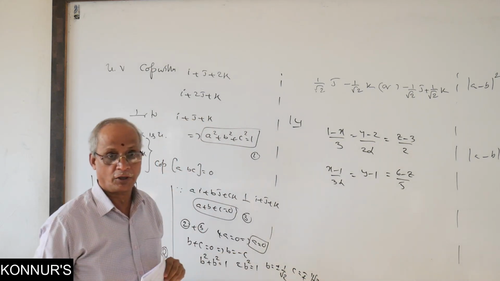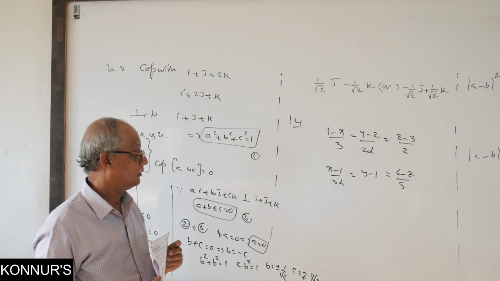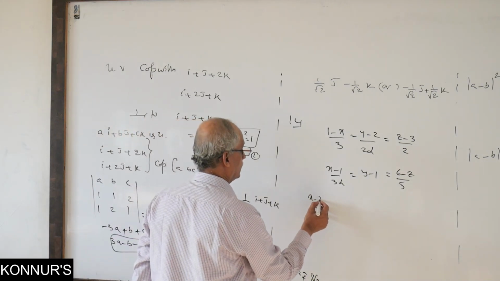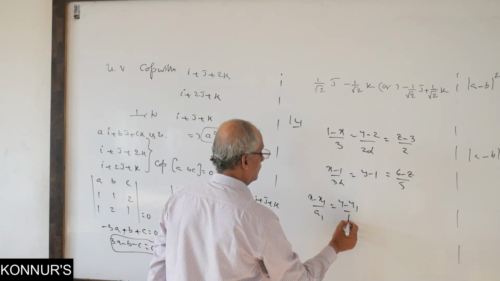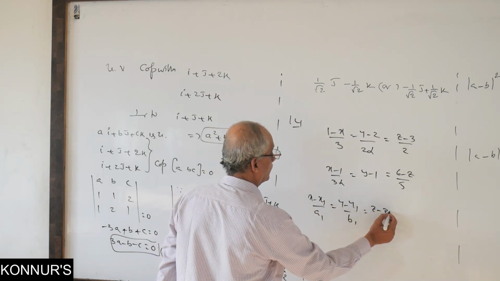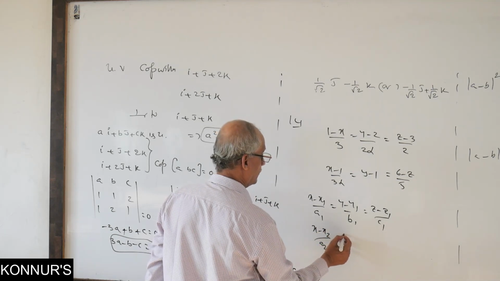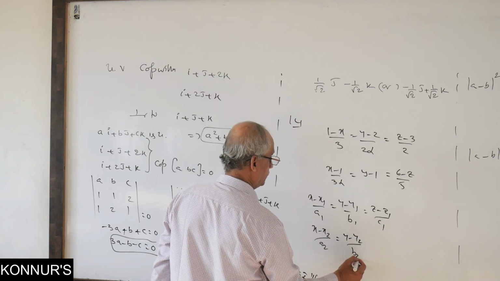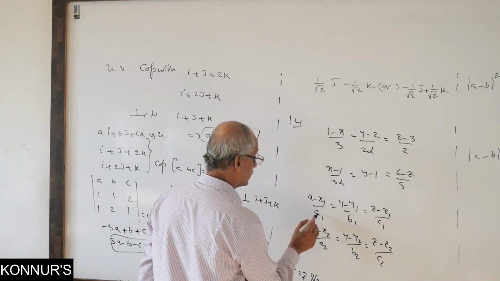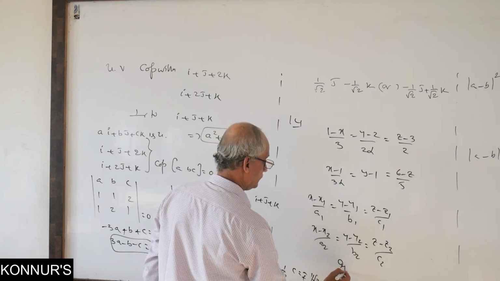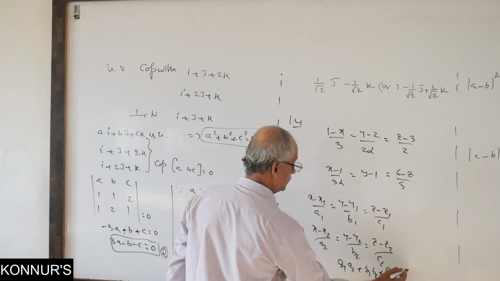The formula: x minus x1 by a1, y minus y1 by b1, z minus z1 by c1, and another line with a2, b2, c2. When they are perpendicular, a1 a2 plus b1 b2 plus c1 c2 is 0.